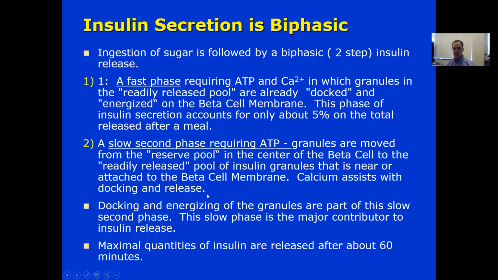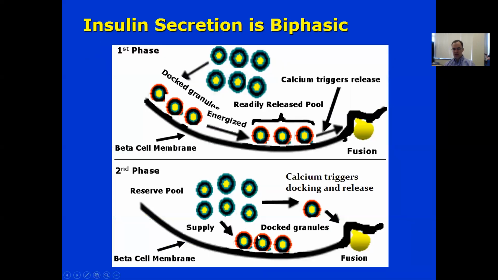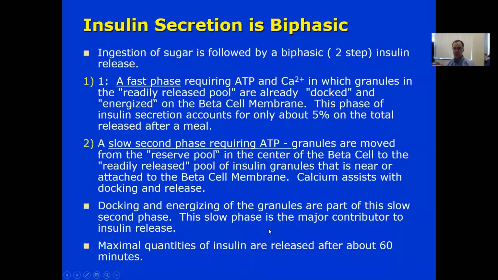They're going to dock, and then with the help of calcium, they're going to finally be released. So this is phase 2. This phase 2 accounts for the majority, about 90 to 95% of insulin released after a meal.